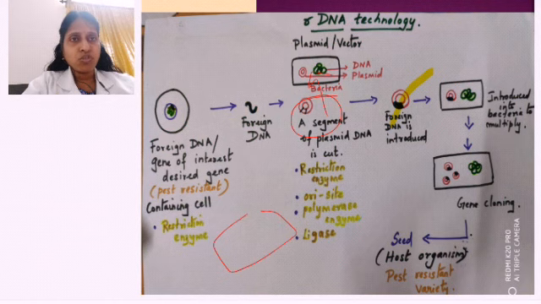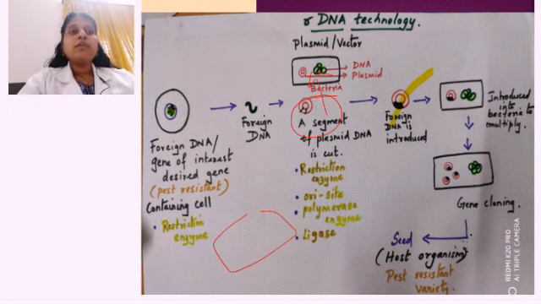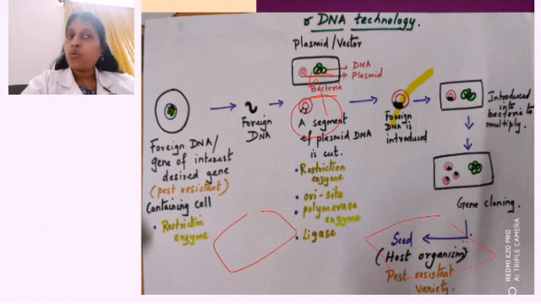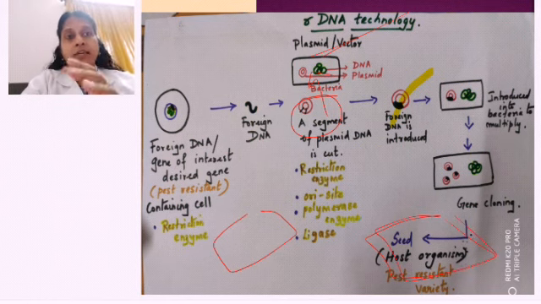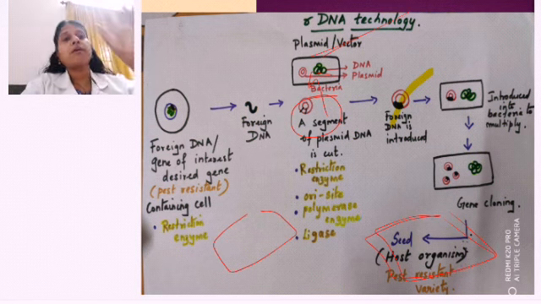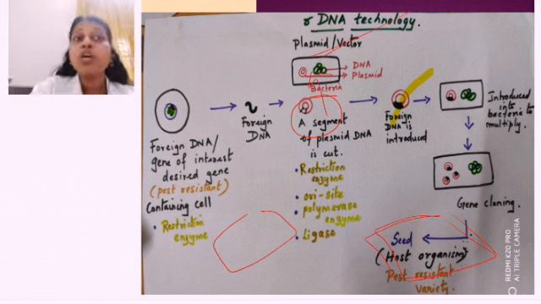Either you are putting it into the vector or directly into the host. Whatever the case, the vector into which you are introducing it is acting as a host. If it is cells of a seed into which you are introducing it, that is acting as a host. Where I am going to put the rDNA, we call it the host.